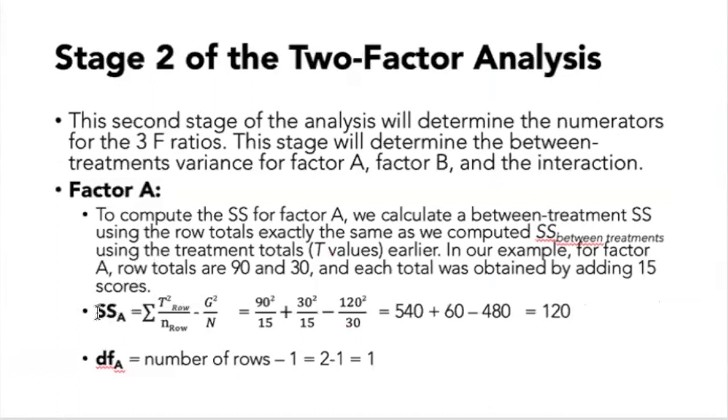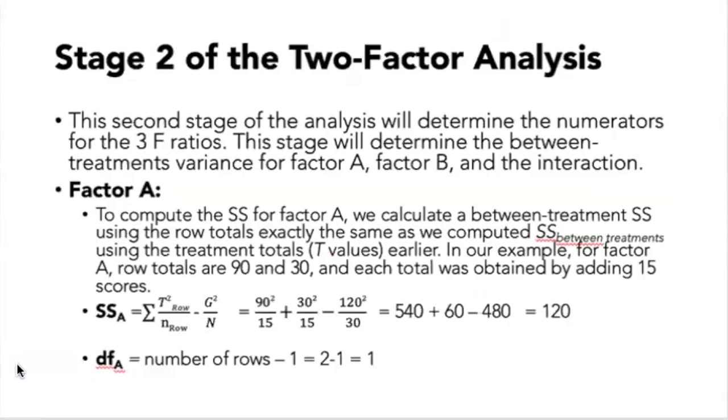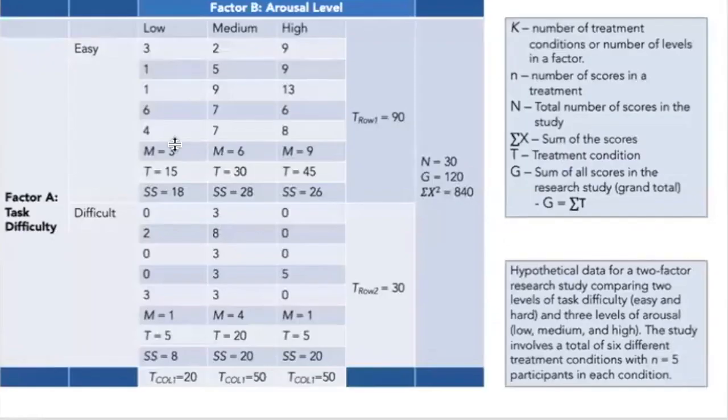This is your formula. Sum of squares for factor A is sigma t squared row divided by n row, minus g squared divided by n. Now we have the t row scores, that is 90 and 30. 90 squared divided by 15 because in each condition you have 5 participants, right? 5 here, 5 here, 5 here, so 15.